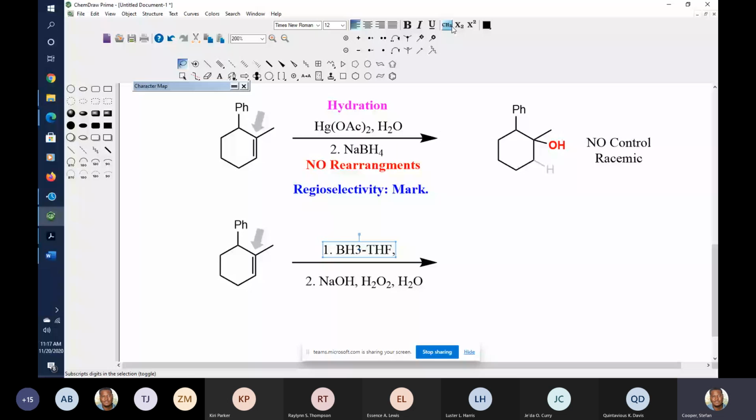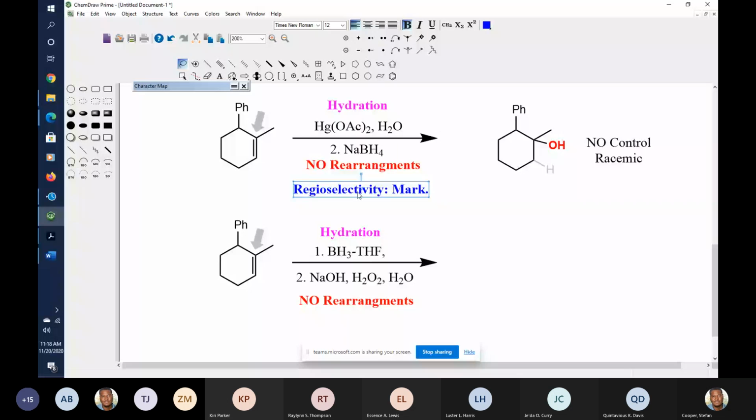This is also a hydration. This is why I wanted to cover this one right now. This one has no rearrangements, and the regioselectivity is going to be anti.